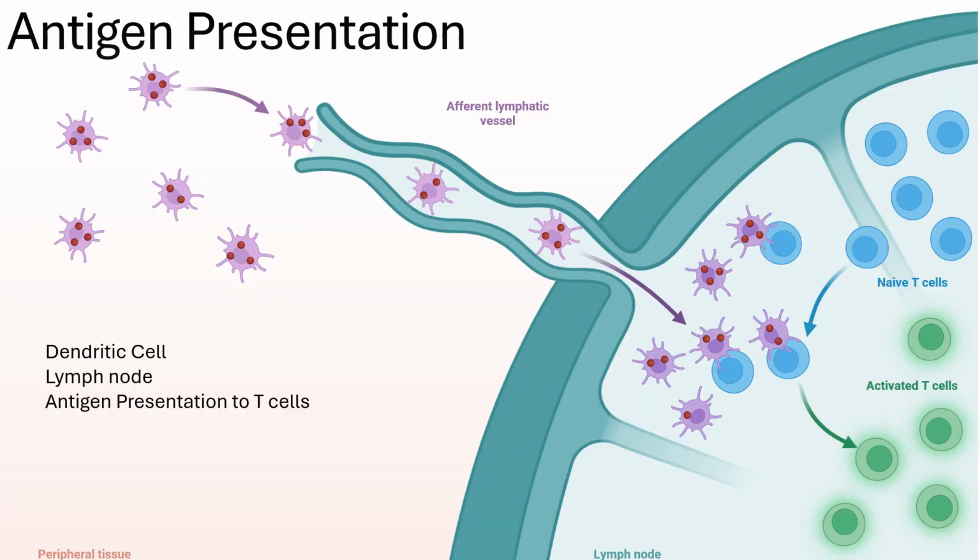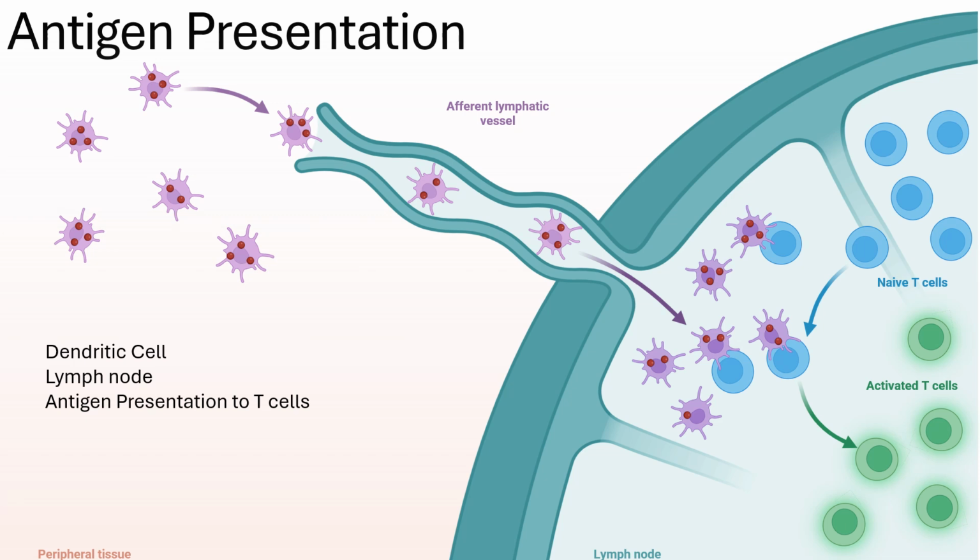The first step in mobilizing the cellular T cell army, if infection is present, is to present the antigen to naive T cells that are just hanging out in the lymph nodes. An APC, an antigen presenting cell, here I have a dendritic cell, drinks foreign antigen by pinocytosis.